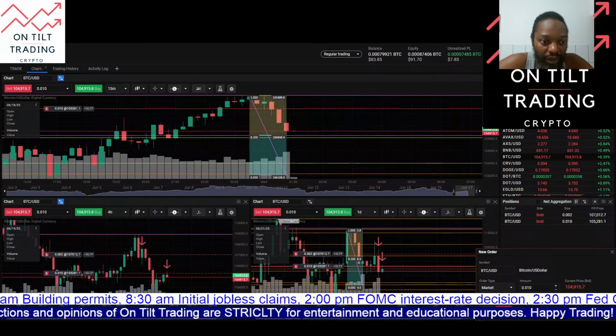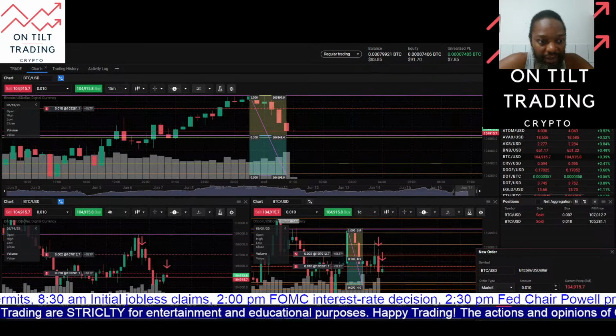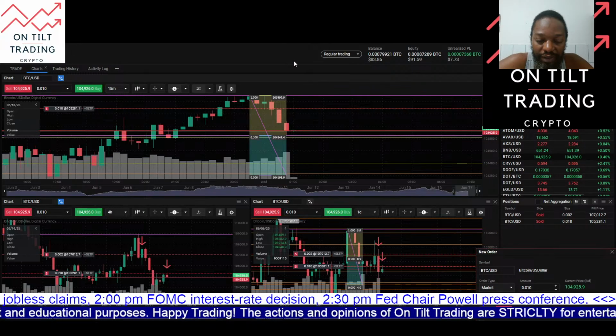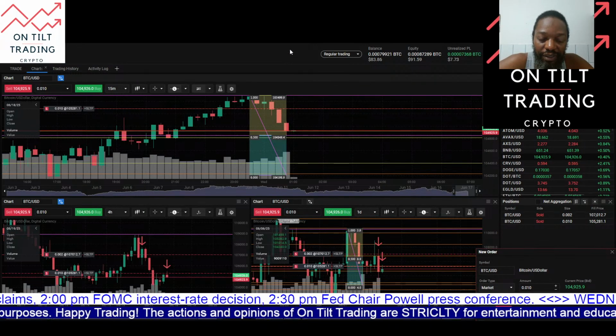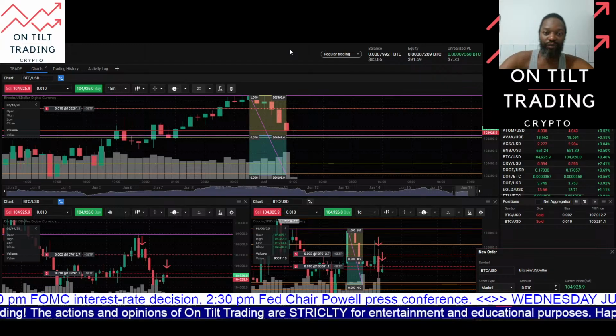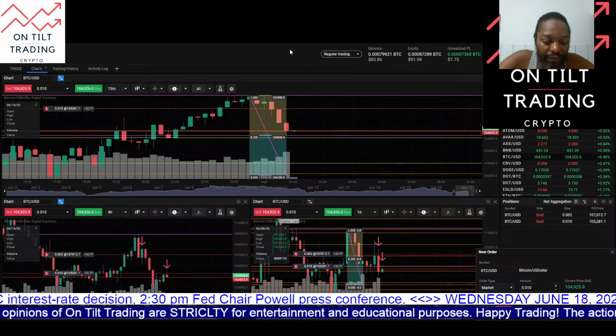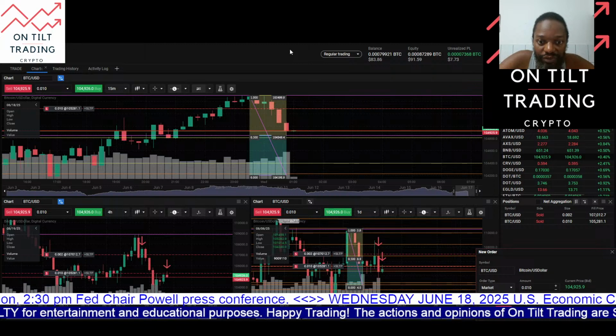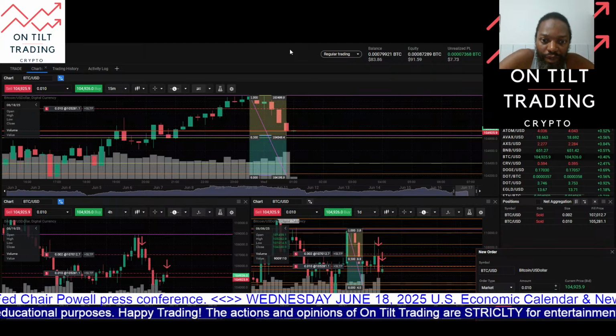But it appears that the displacement has come rather early in Bitcoin here in the Frankfurt session, and now just waiting for any potential entry signals here for an intraday position.